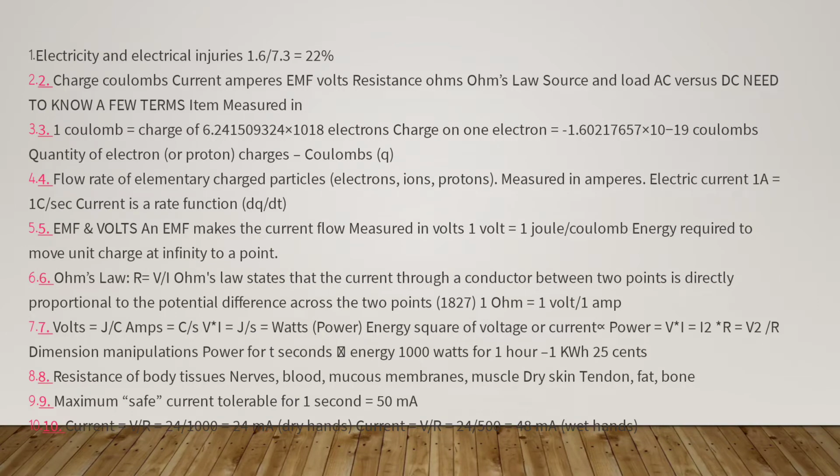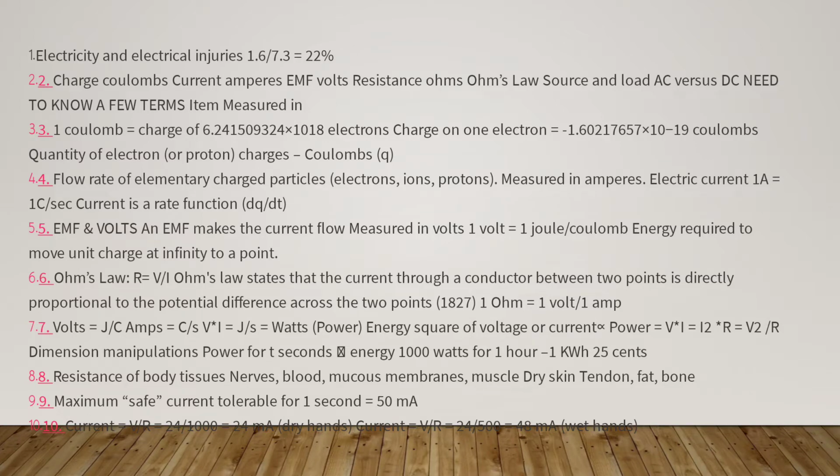Electricity and electrical injuries. We need to know a few terms: charge (coulombs), current (amperes), EMF (volts), resistance (Ohm's law), sources and load, AC versus DC. 1 coulomb equals the charge of 6.241509 x 10^18 electrons. 1 electron equals 1.6021767 x 10^-19 coulombs, the quantity of electron charge.